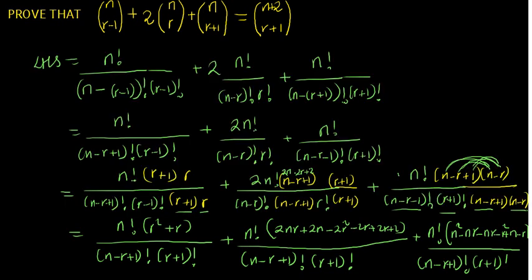Okay, here this was negative r, this was negative r, so it can't give us a negative r squared, so that was supposed to be a positive r. So negative n by n, that will be n squared.